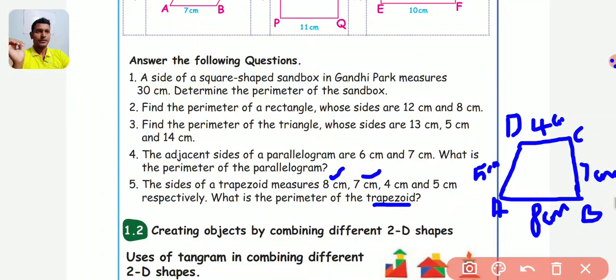So here we have the values. Now we have to add these 4 values. If you add the 4 values, you will find the perimeter of the trapezoid. That's all, students. Next we move on to the next topic.